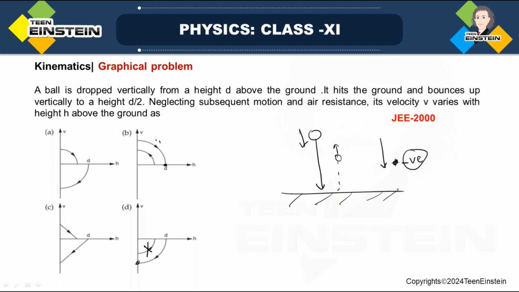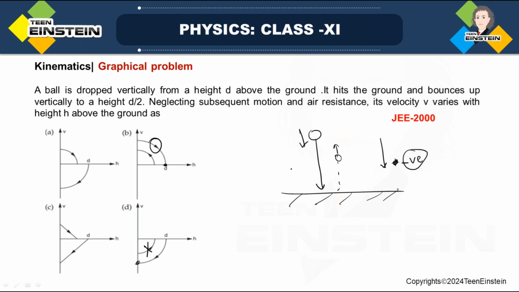If I take this as positive, then see this point. If I say the velocity increases, but it is showing a decrease, right? The arrow is not exactly true.